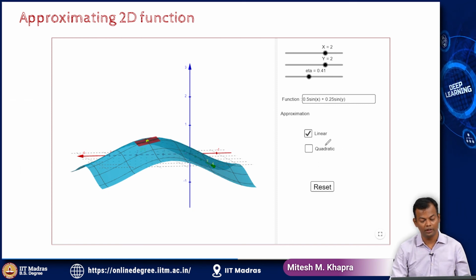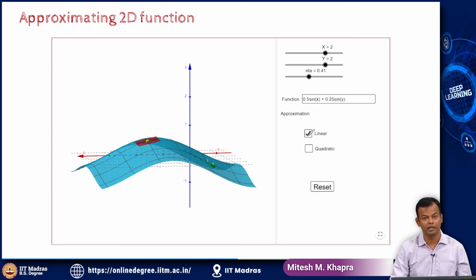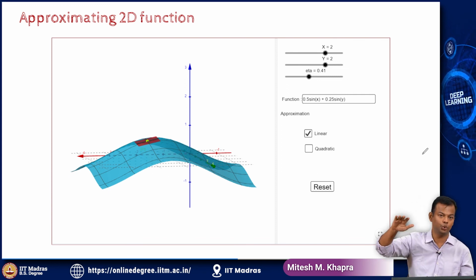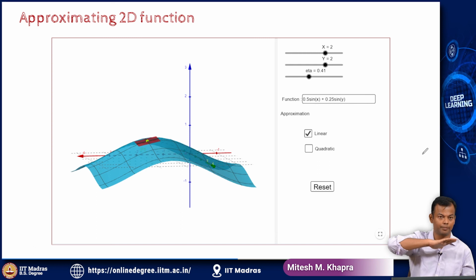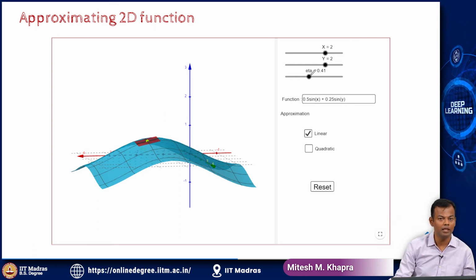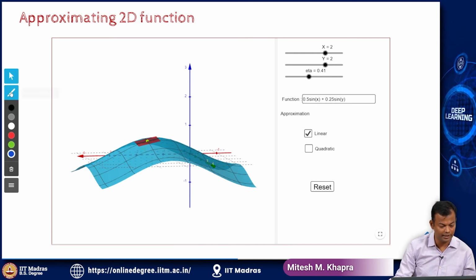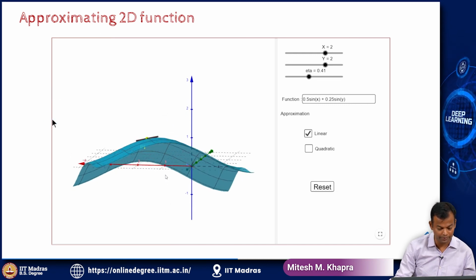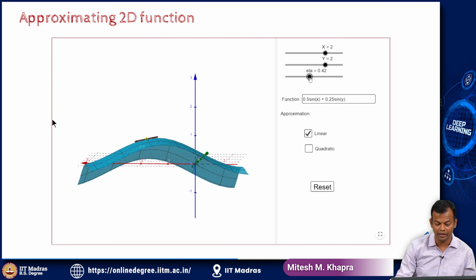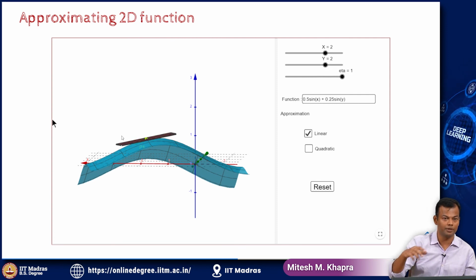Now again, if I do a linear approximation, then what I'll get is a line in 2D, which would just be a plane. So I've just approximated the function by a plane, and you can see that in this small neighborhood, my approximation is still good. Let me just get the right angle so that you can see it properly. See, my plane is very close to the curve, but if I increase this eta, then as was the case earlier, my approximation becomes bad.